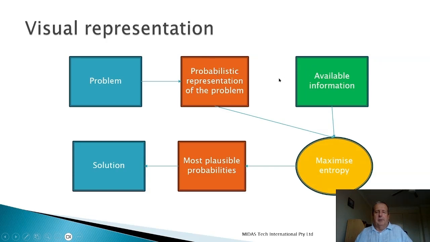We look at the available information to use a model called maximum entropy, and we're not going to discuss that in this overview, but that's the core of information theory, and it gives us most plausible probabilities and we get a solution. But at no time do we get the exact solution. We're getting a plausible solution.